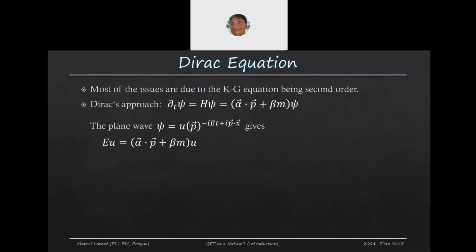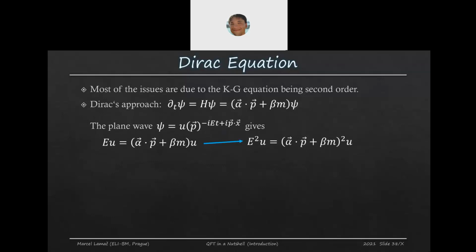If we simply plug in some plane wave, where this u function is just some momentum-dependent coefficient of the plane wave, we get this equation. And if we square this equation, or apply the Schrodinger equation twice, then we see that we get E squared on the left hand side and some square on the right hand side.